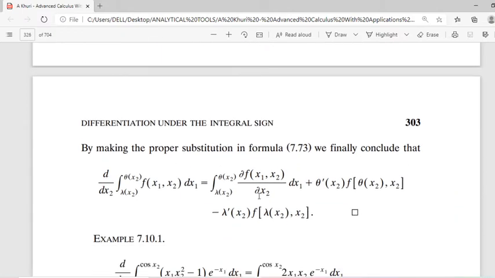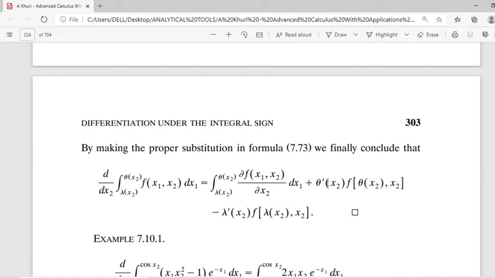So f of lambda x2 into dou lambda by dou x2, that is nothing but lambda dash of t, with a minus sign, since minus f of lambda x2 is nothing but dou h by dou lambda, and this is dou lambda by dou x2. So we have substituted: instead of the first term, we replace it with this term. The second term will be this one, f of theta comma x2, which is dou h by dou theta.